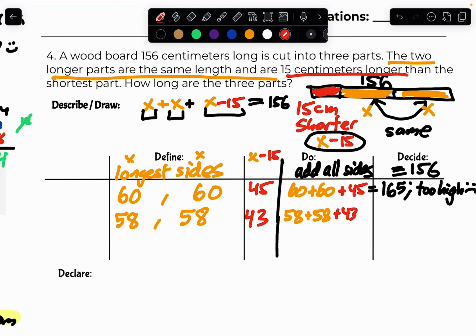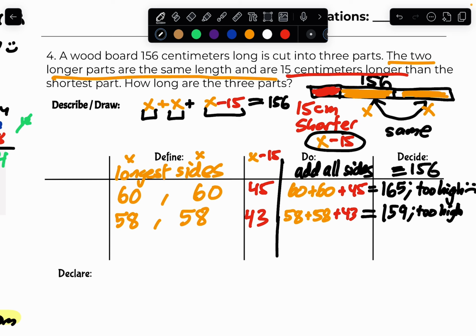Remember, this is going to take a few instances, a few tries, a few attempts. Let's see if we get it in 2 steps. 58 plus 58 is going to be 116. 116 plus 43 is 159. I think that this one was still too high.